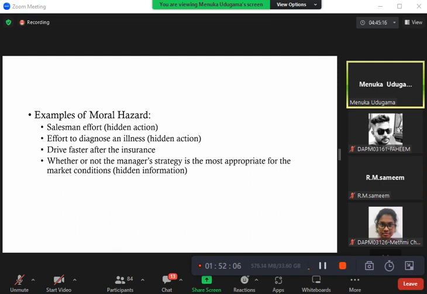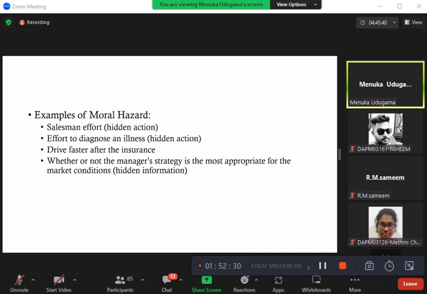Medical industry is the same. Take vehicle insurance, for example. Let's say you want to get vehicle insurance and you are a reckless driver, but you claim to be a very safe driver. You say, I drive safe, I park in a very safe area, and you get the insurance. So the insurance firm will believe you.